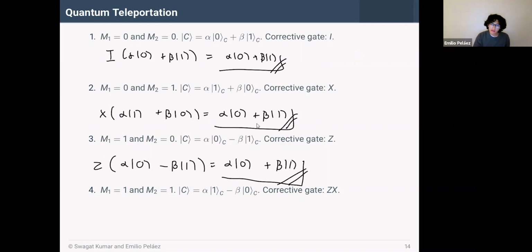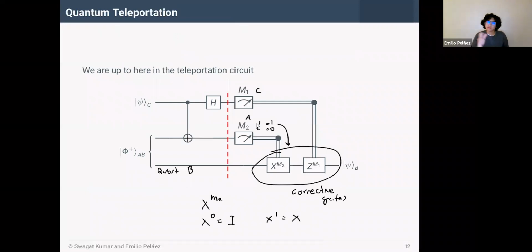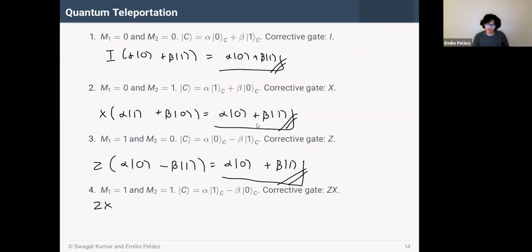And for the final case, we apply Cx. And remember that here we write Cx because we're doing it like matrix multiplication. In the circuit we have x and then c, but this is the same thing because the circuit goes from left to right, so it applies first x and then c, and matrix multiplication goes from right to left. So again, we apply first the x and then the c.